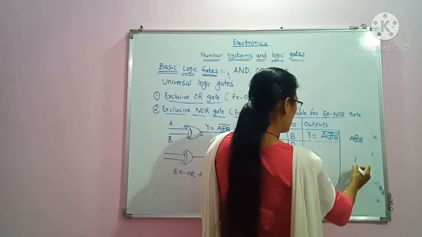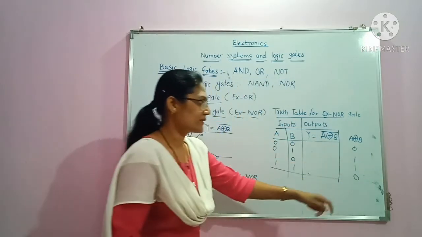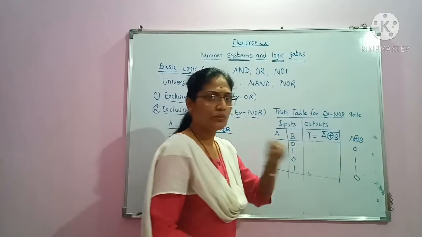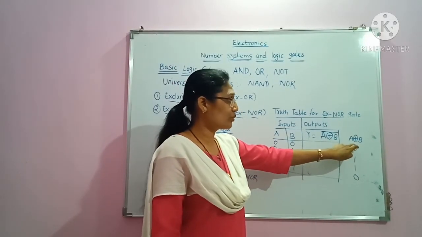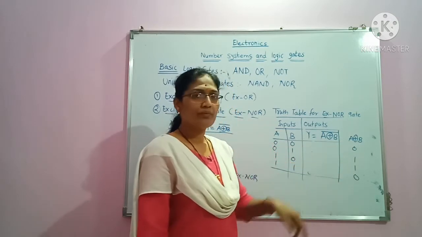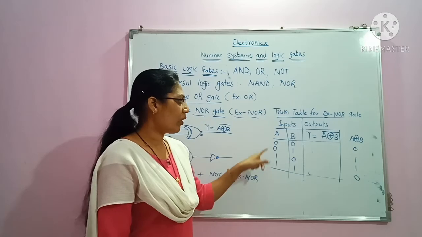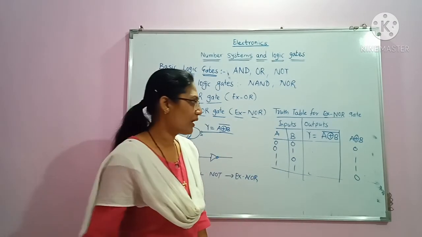That is the output of exclusive OR gate will be at logic 1 if either of, but not both, of its inputs are at logic high.